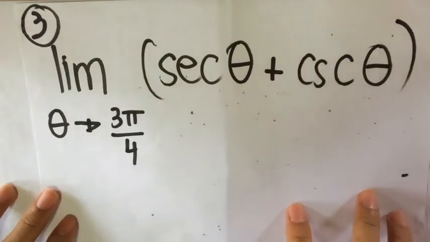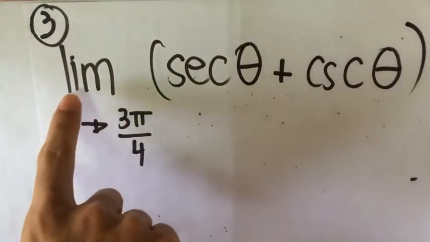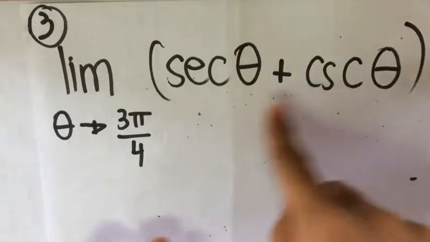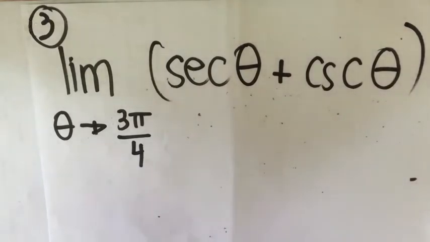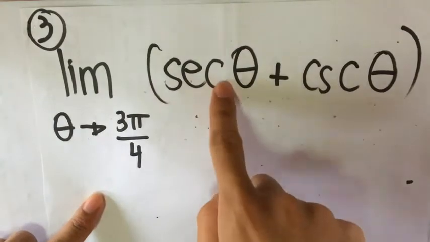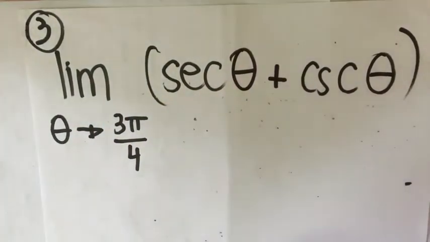My example number 3 is, what is the limit of the quantity secant theta plus cosecant theta as theta approaches 3 pi over 4? Same thing. The function still follows the addition rule, so you substitute the limit in each term inside your function.